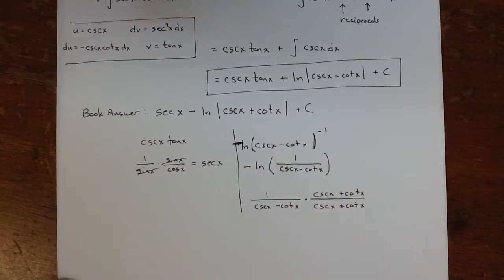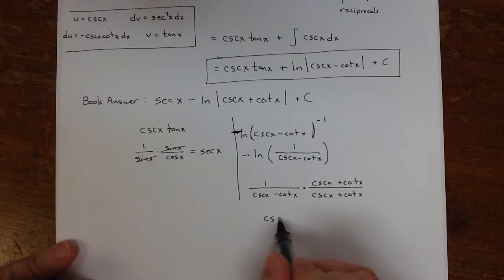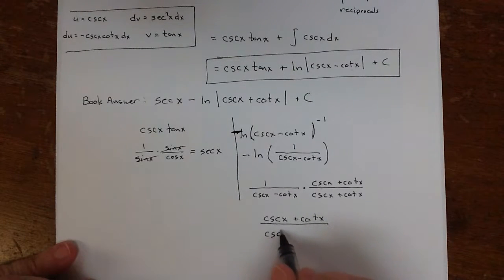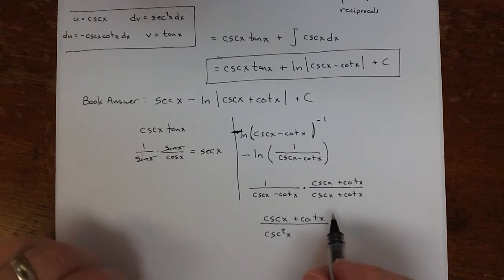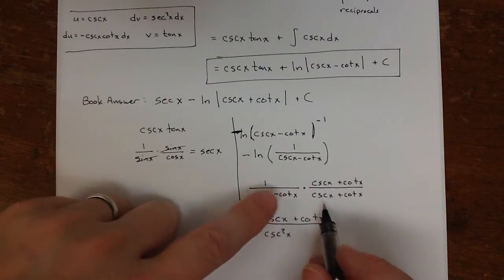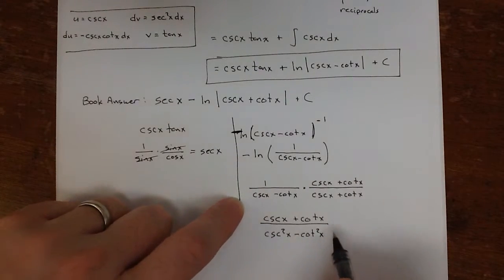Alright, when I do that, up top I get cosecant x plus cotan x, which is exactly what we wanted, over, multiply this out, you get cosecant squared x plus cosecant cotangent minus cosecant cotangent minus cotangent squared x.